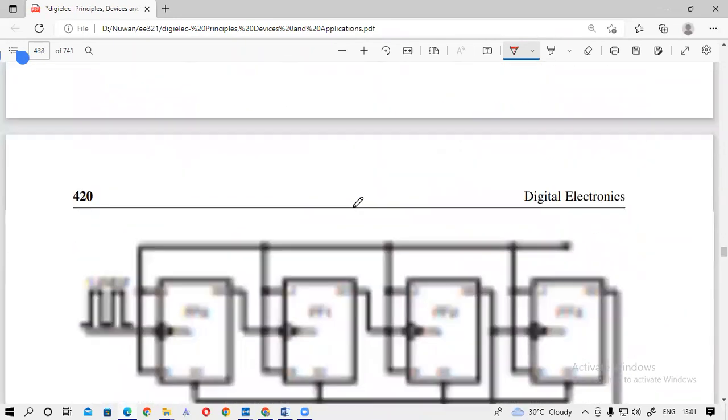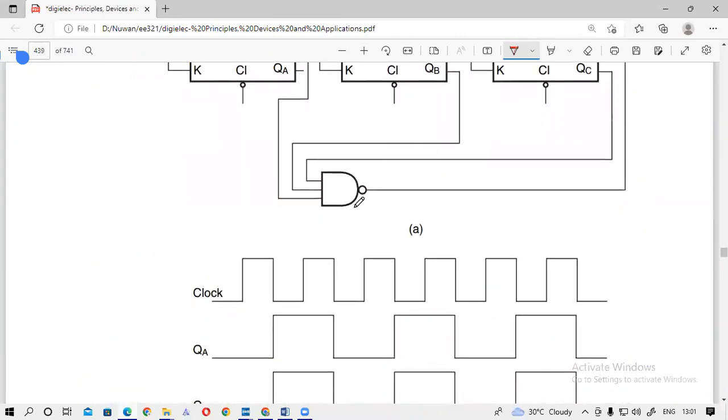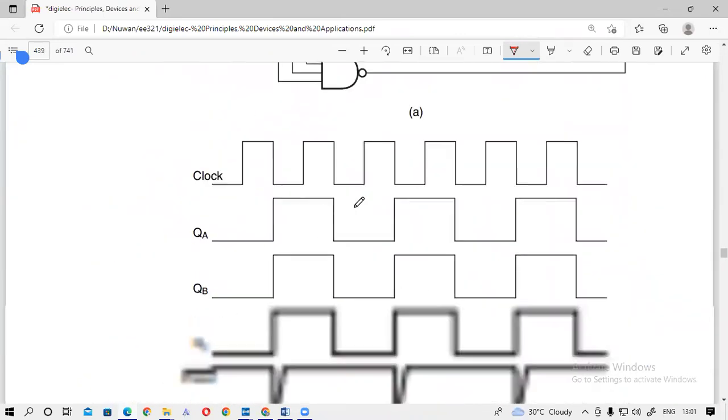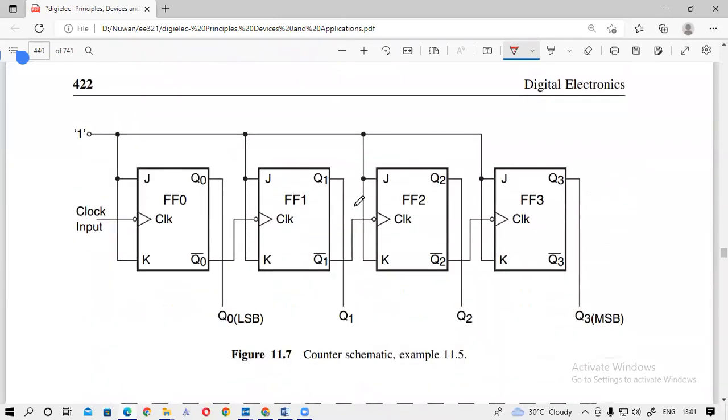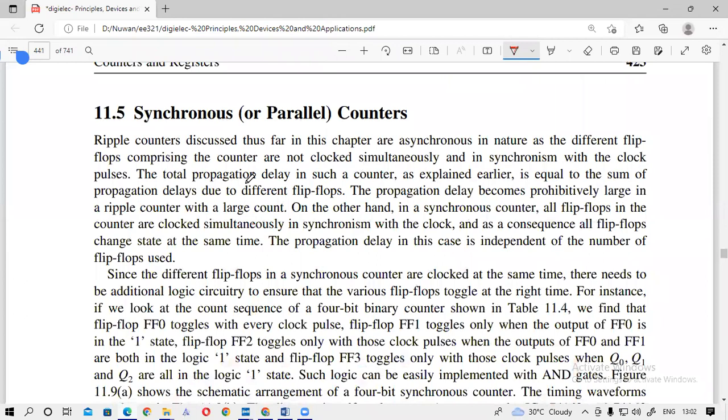Now we need to study these asynchronous serial counters, and we have to know about parallel counters also. Here you can directly give the clock input simultaneously.